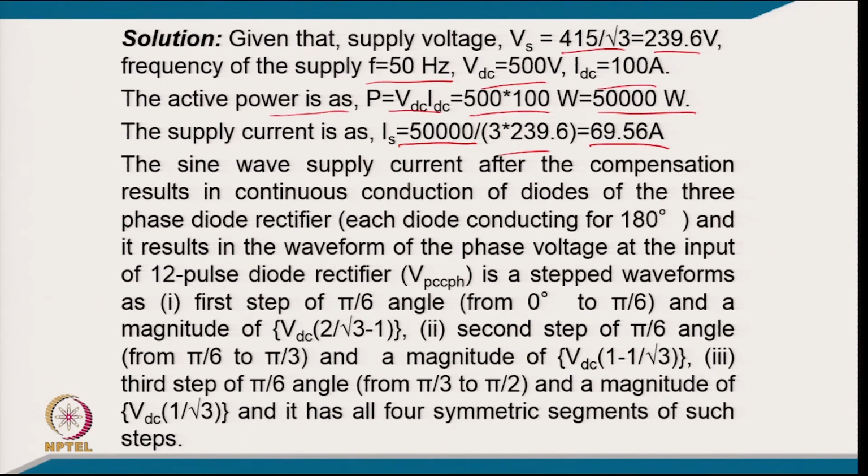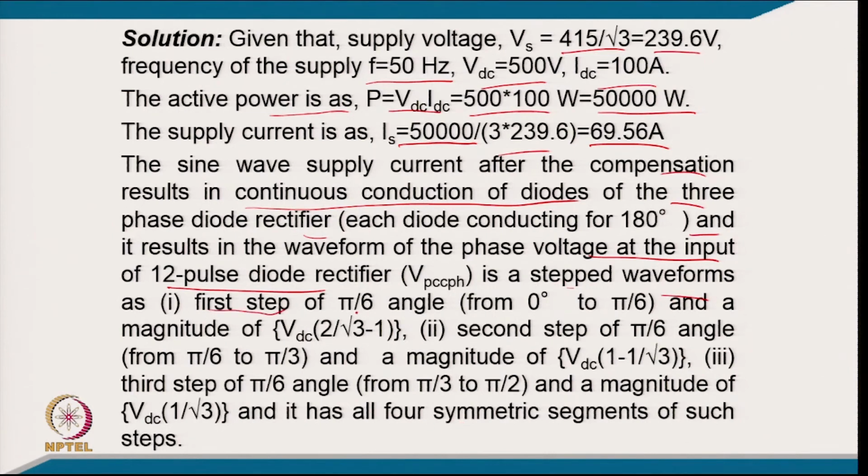Now, to calculate the input RMS voltage of the diode rectifier: the sine wave supply current after compensation results in continuous conduction of the 3 phase diode rectifier, with each diode conducting for 180 degree. This results in the phase voltage at the input of the 12 pulse diode rectifier being a stepped waveform.